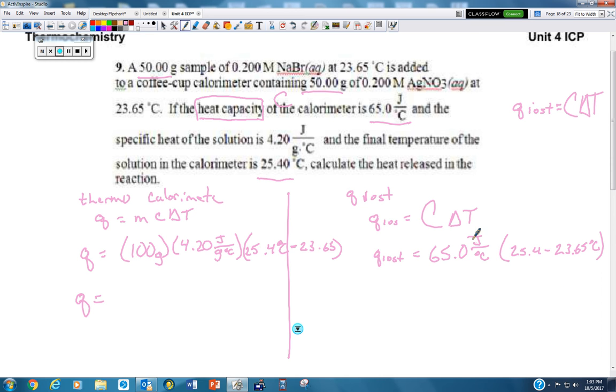And what you need to recognize is that degrees Celsius is going to cancel in this one, leaving you with joules, and then grams, degrees Celsius, degrees Celsius. And so you end up with two statements in joules. So go ahead, solve for Q and Q lost on this.